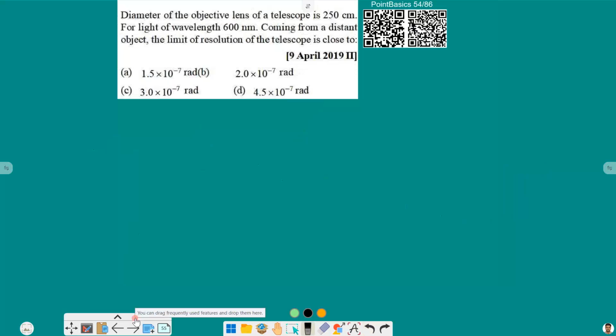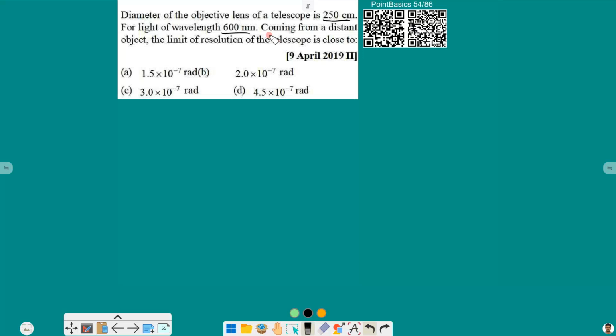Next one. So here we have a diameter of the objective lens of a telescope of 250 centimeter. For light of wavelength 600 nanometer coming from a distant object, the limit of resolution of the telescope is nearest to?